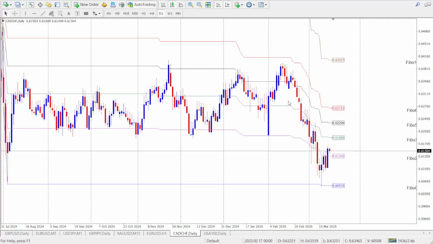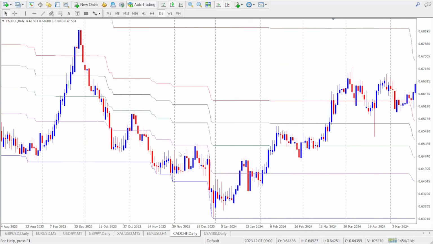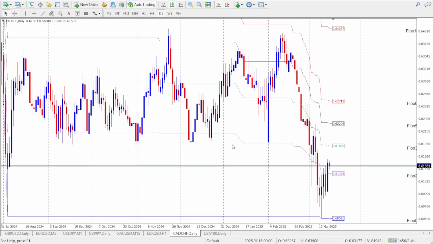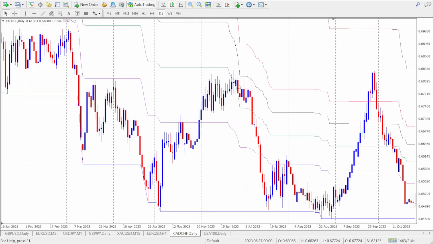One of the best ways to use the Fibo Channels Indicator is to trade breakouts of key Fibonacci levels. So if the price breaks above a Fibonacci level, for example, we can see that we had a resistance around here. Let's go back a bit.